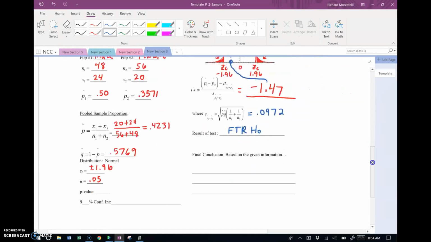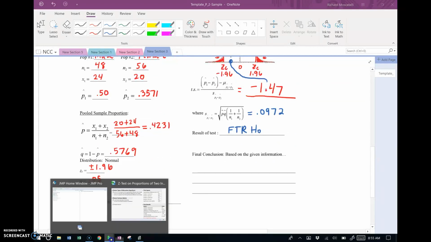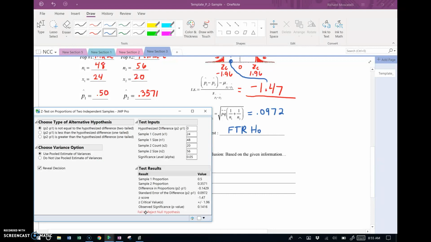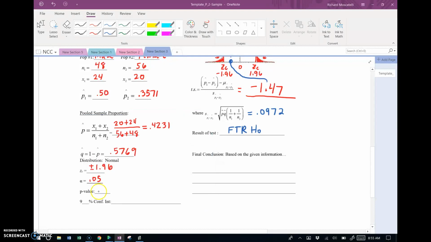One other thing it gives us is the p-value. Remember, for a hypothesis test we could use that methodology instead of the old-fashioned critical value and testing statistic method. The p-value is 0.1416, which is greater than alpha of 0.05.